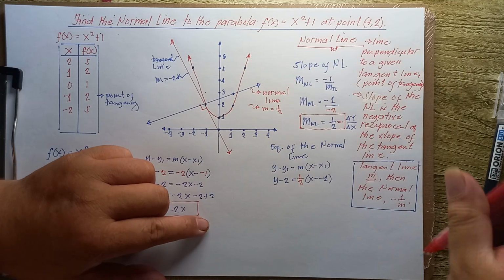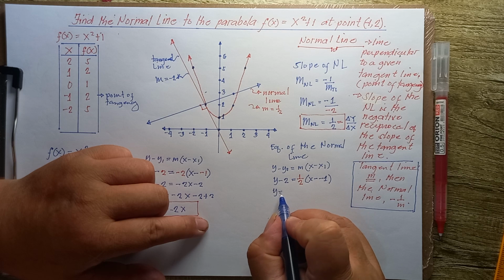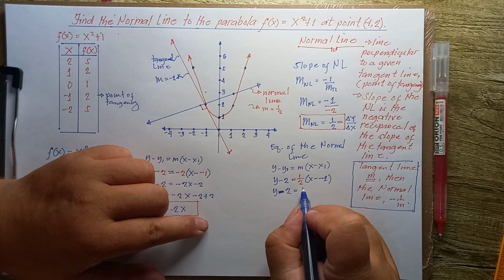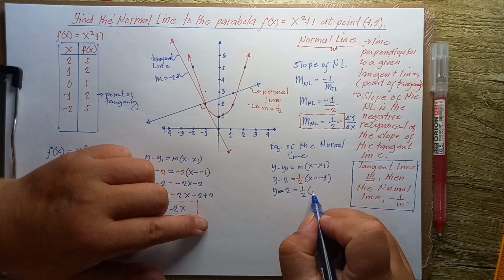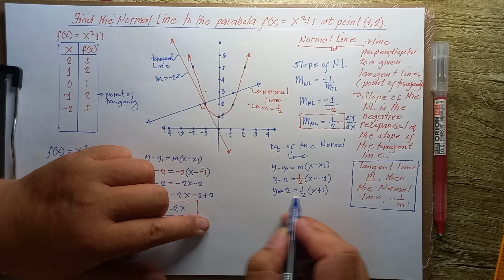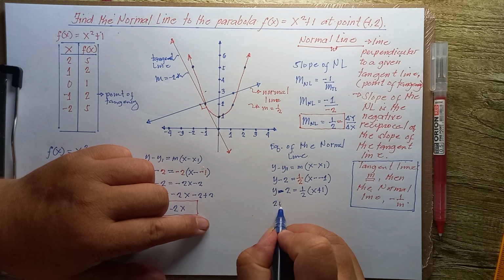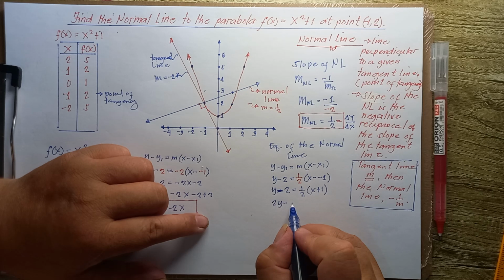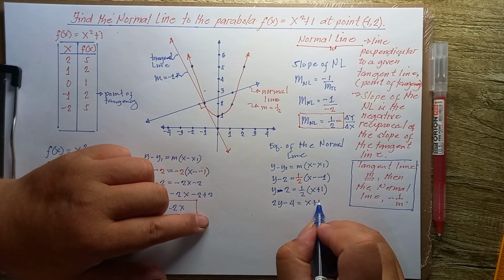Having said that, we can now compute. That is the same as y minus 2 is equal to 1/2 times x plus 1. If you compute, that is the same as 2y minus 4 equals x plus 1.